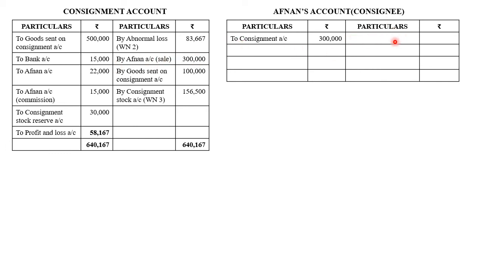If any bills are drawn, then you have to write by bills receivable. In this problem they have not drawn any bill. So next you record these two items on the credit side. First one by consignment, that is 22,000 expenses, and by consignment, commission 15,000. If you do, then the balancing figure is transferred to bank account.